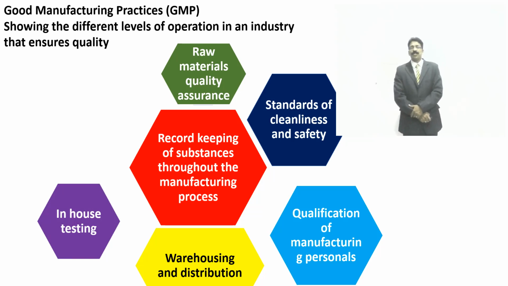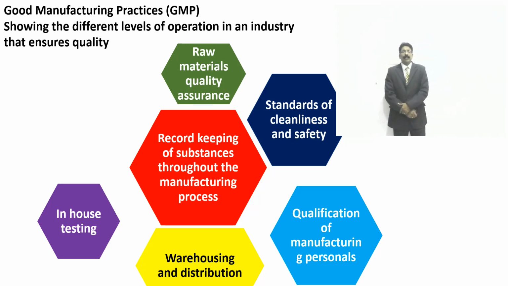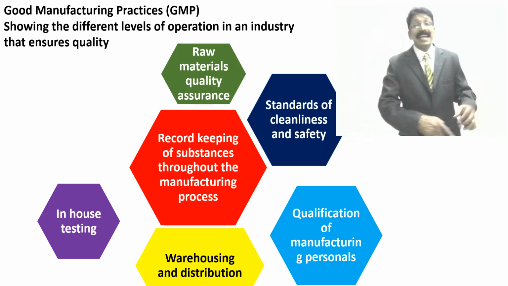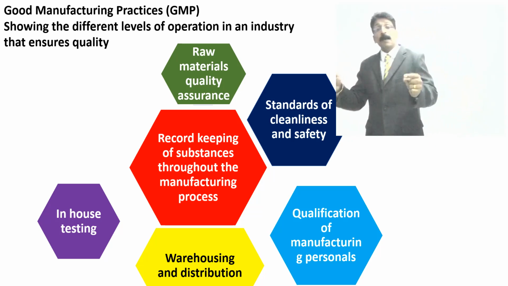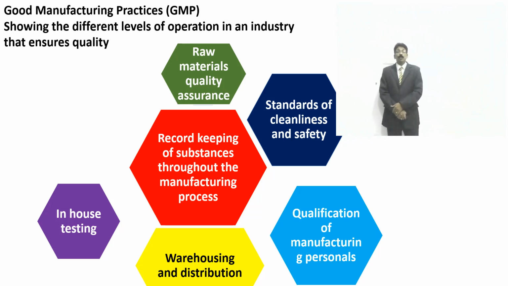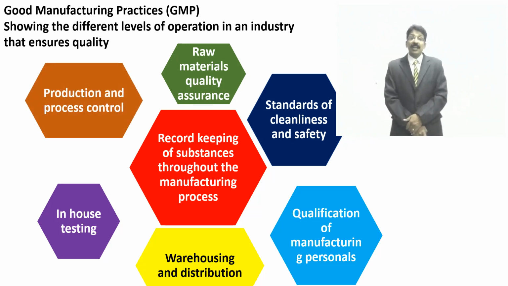So these all come under warehousing and distribution. In-house testing, that is in-process laboratory testing, is also an important factor in GMP which you have to follow to ensure quality, production and process control.